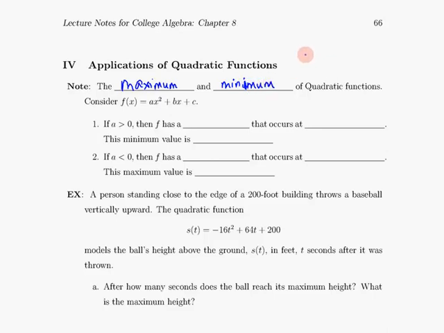If it's an up parabola, we'll have a lowest value. So imagine that the cost for your business is a quadratic function, and it turns out to be an up parabola.